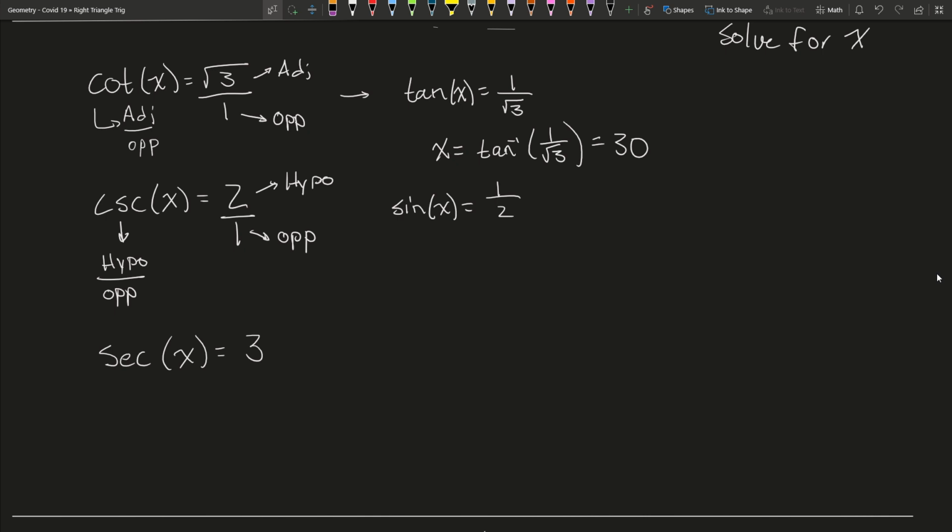And then we solve using inverse trig. So we take the inverse sine of both sides. We're left with x on the left, and we want the inverse sine of 1/2, which is just equal to 30.